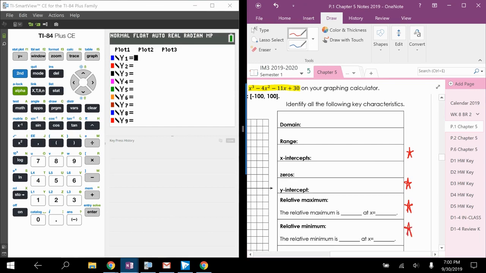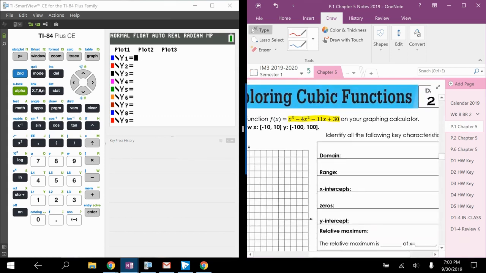Cubic functions will have what's called a relative max and a relative min. They look like little maxes and little mins, but they're not the highest or lowest point, so we call them relative. They're not absolutely the max in the graph, they are relative. Those are the 4 things that you absolutely need to have in order to put the graph on paper. So that's what we're going to do.